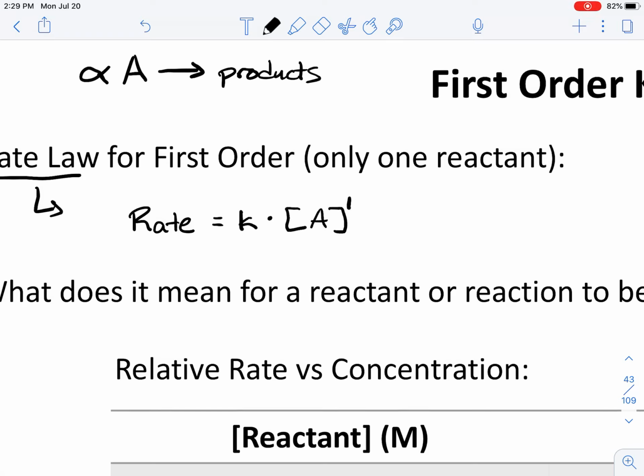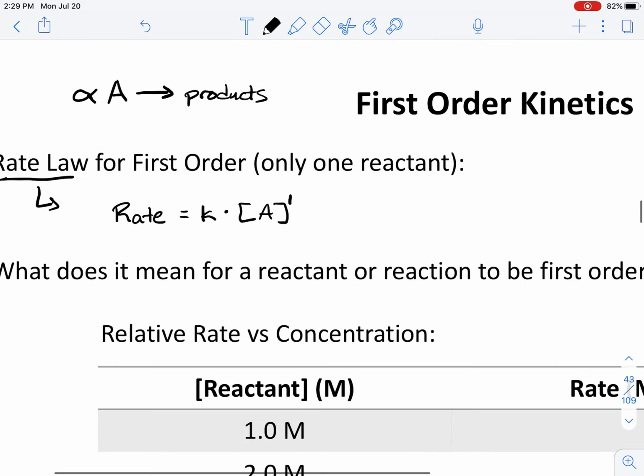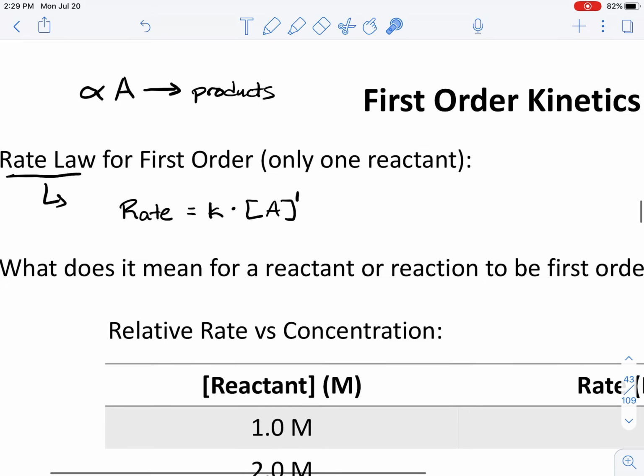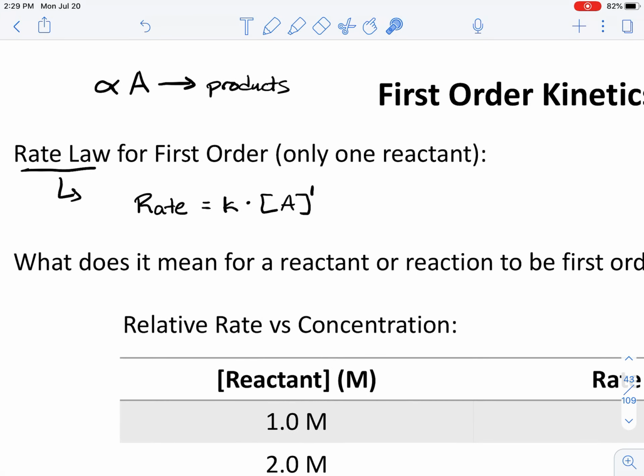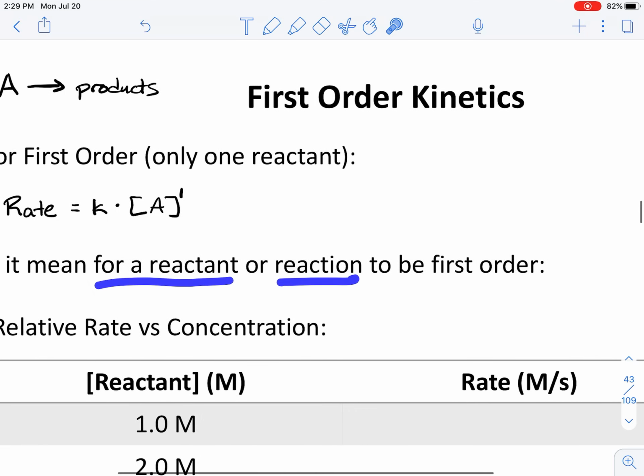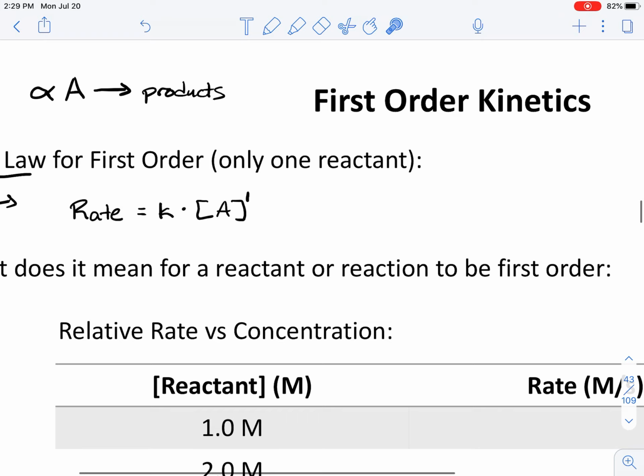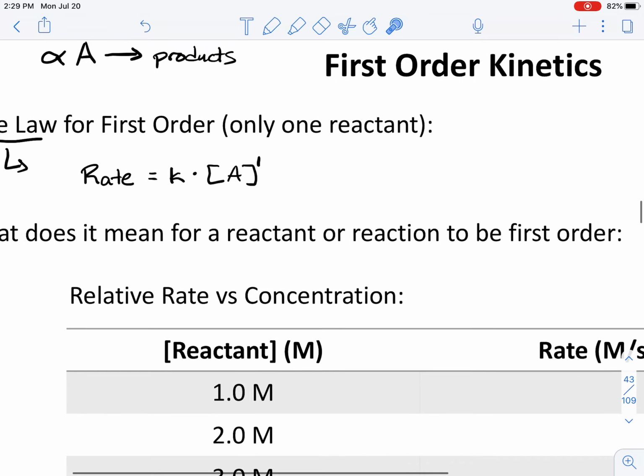Now, reactant A is going to represent any chemical, any reactant that undergoes some type of decay or decomposition. And so what we want to address is what it means for a reactant or reaction to be first order. All right, so what does it mean to follow first order kinetics?